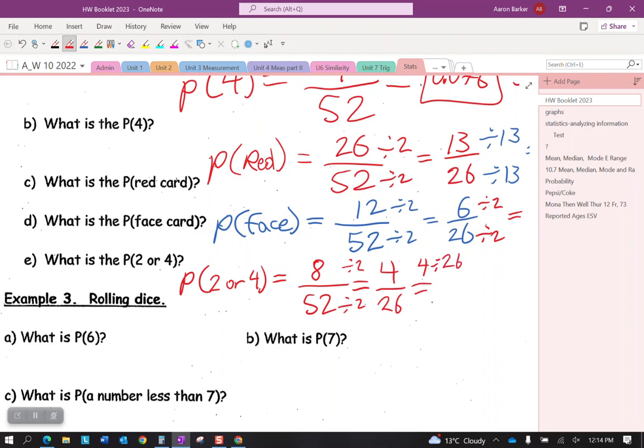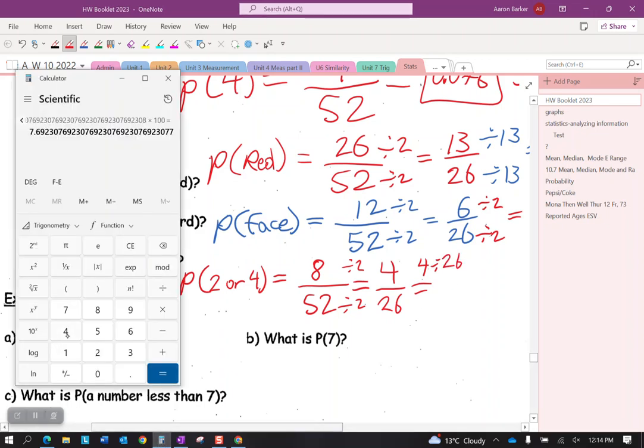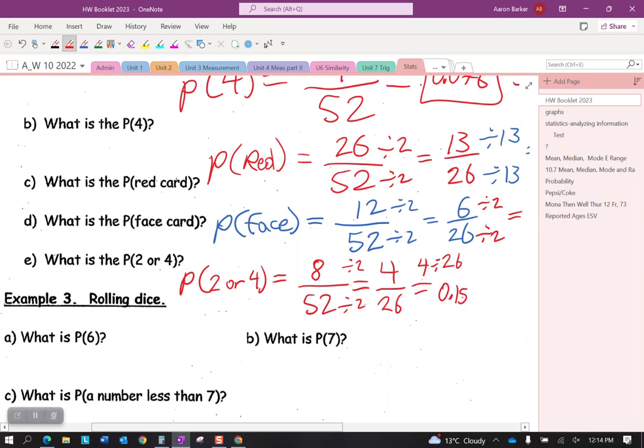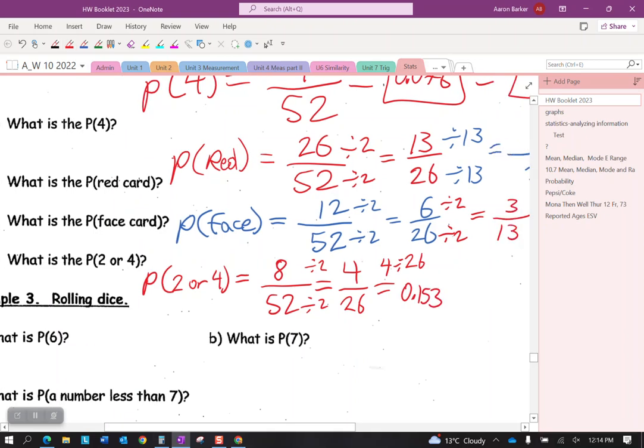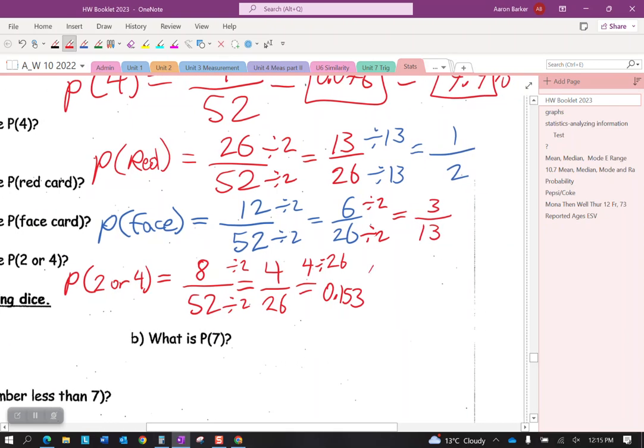Go to a decimal. 0.153. Times it by 100. 15.3%. Okay.